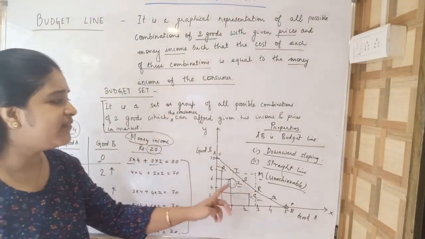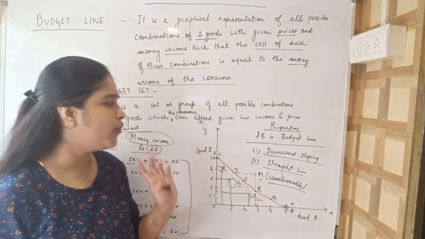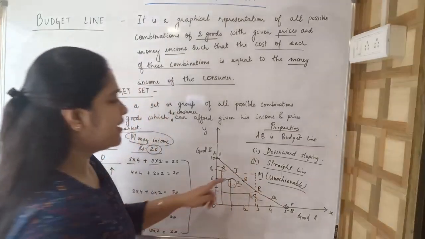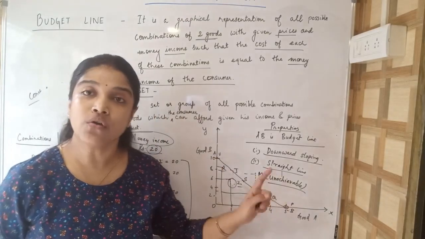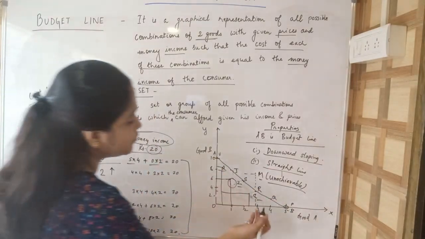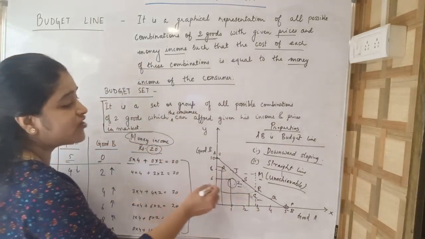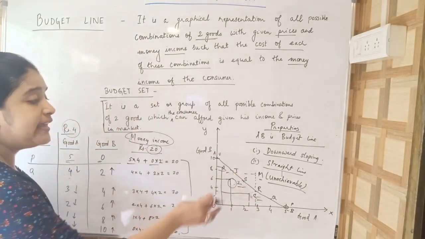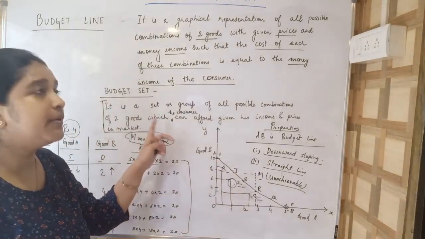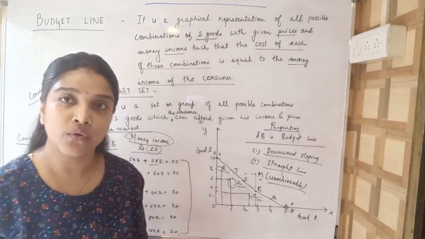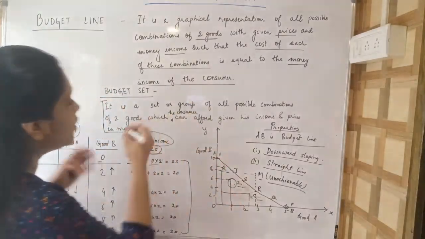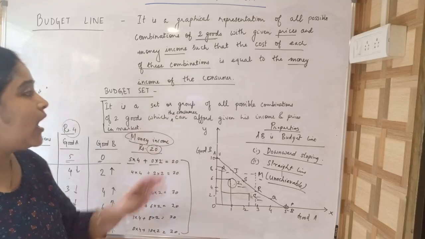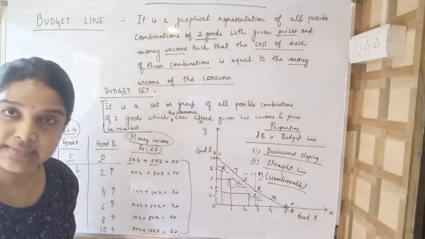On the budget line we have only P, Q, R, S, T, U. So apart from these points, those points which are not on the budget line like C, Z, Q will also come in the budget set because the consumer can afford them. So the budget set is all possible combinations of two goods which the consumer can afford given his income and prices in the market.